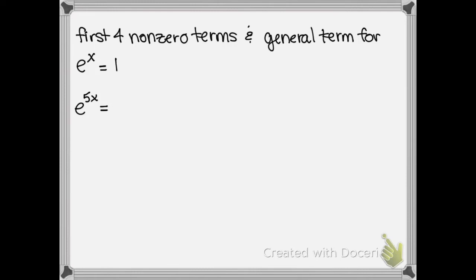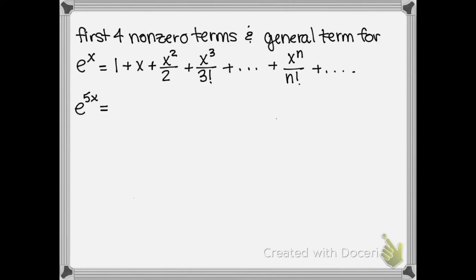Okay, so e to the x is 1 plus x squared over 2 factorial. 2 factorial is the same as 2, so I'm just going to leave a 2 there, plus x cubed over 3 factorial, and plus x to the n over n factorial. By the way, these are all Maclaurin series. I didn't write that out in the directions here, but the first 4 non-zero terms and the general term for the Maclaurin series.